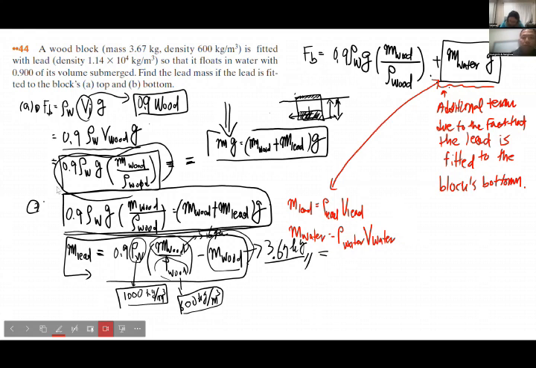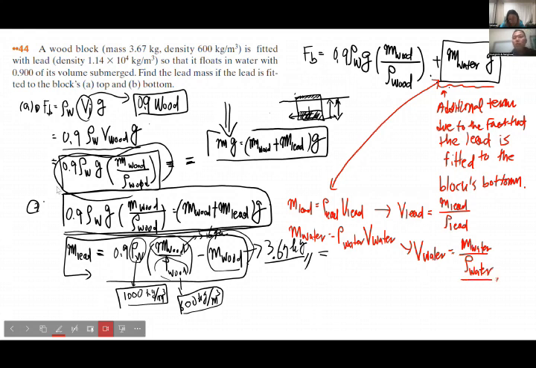From that, the volume of lead is the mass of lead over the density of lead, and the volume of water is the mass of water over the density of water.